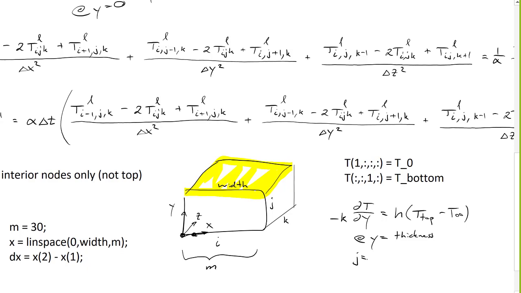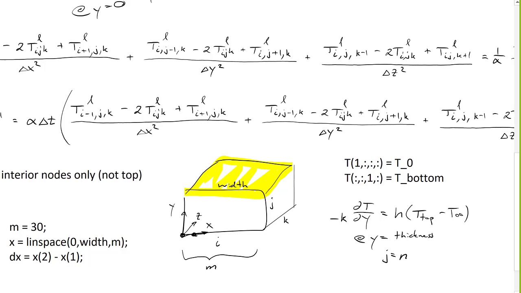I forget what we called our value for J, but it'll be like N. Did we use n nodes vertically? Yeah, you also set n was 30 to begin with. Okay. So j equals n would be at the top. So instead of saying y is equal to the thickness, we can also just say that this applies for when j is equal to n.